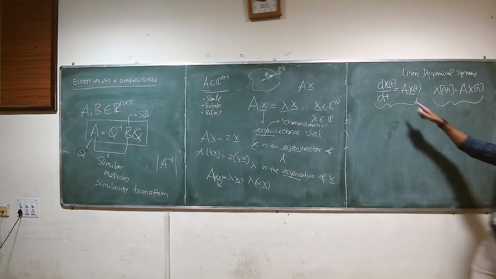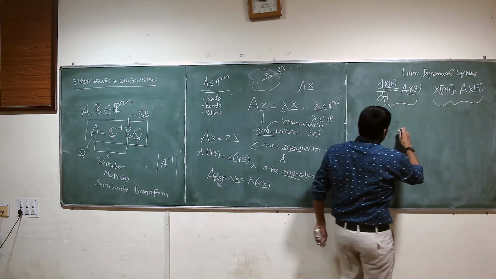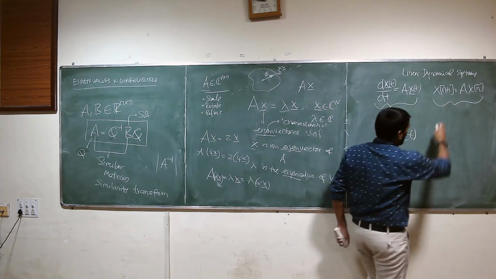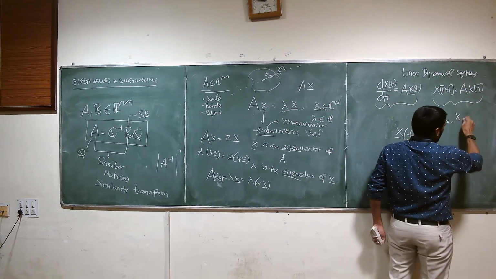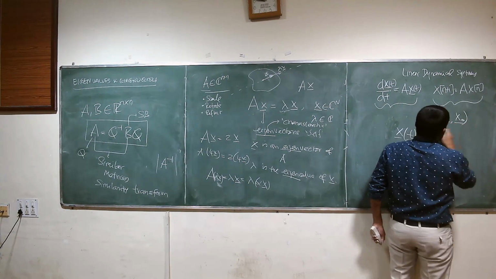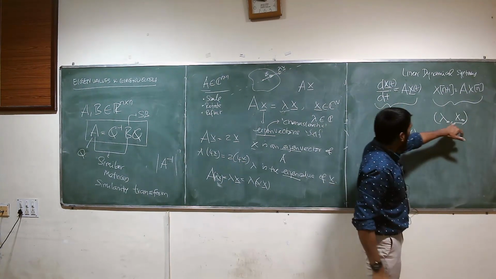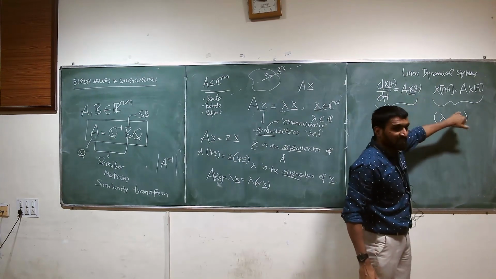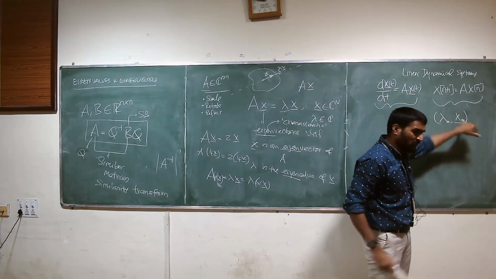Now, it turns out that if you choose your x of t, let's say x naught is an eigenvector of A and lambda naught is the eigenvalue corresponding to x naught.